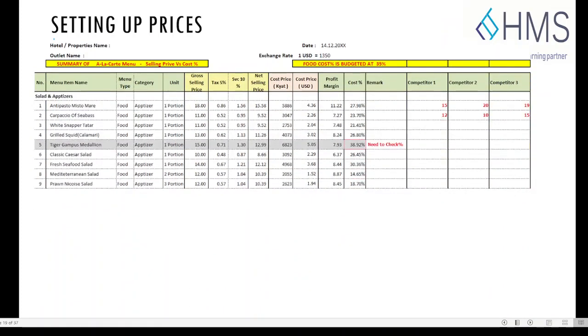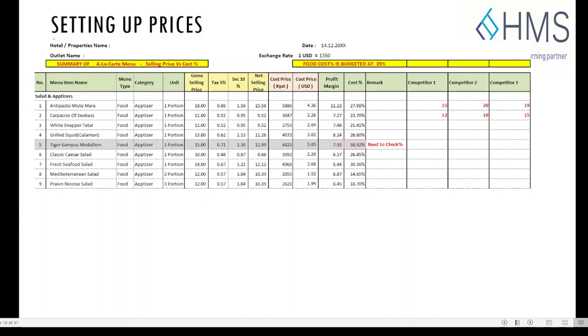Okay. So the setting up of the price is pretty simple. Once you have all the recipes, normally you just have to define the food cost percentage, what's the budget, and then based on that, you also have to look at the competitors.